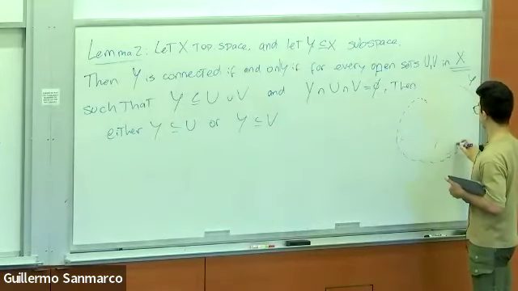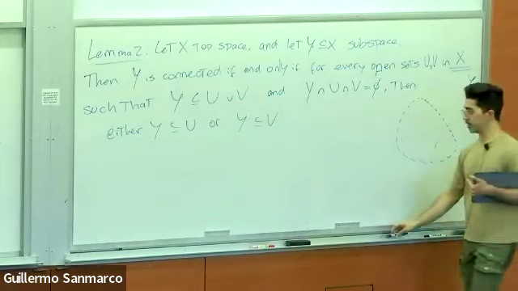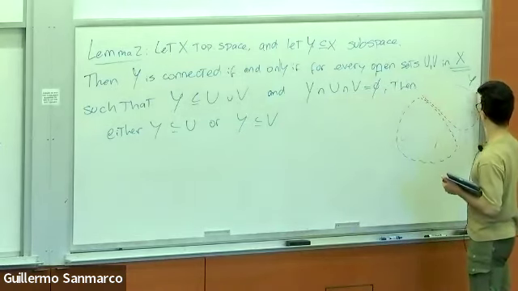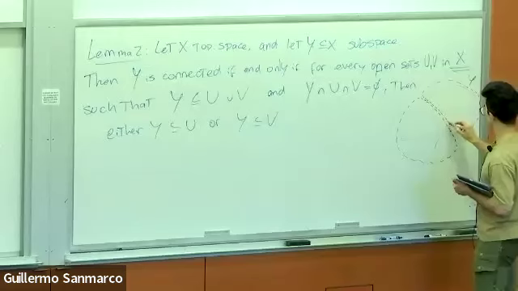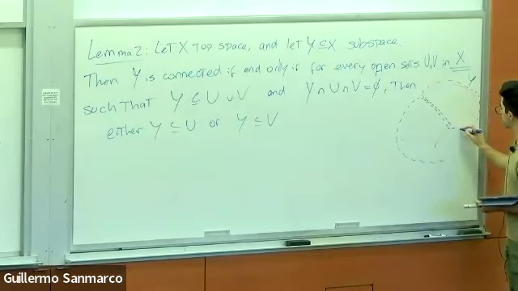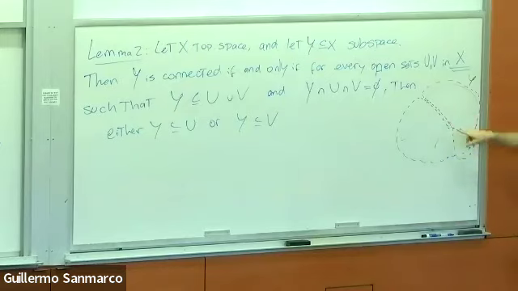Maybe this is your U, because it's open in the space. Maybe this is your V, could be bigger. But what I want is for them to intersect in Y trivially. So this is not really what I need. Something like this is okay. They can intersect outside of Y, but I don't want them to intersect in Y.